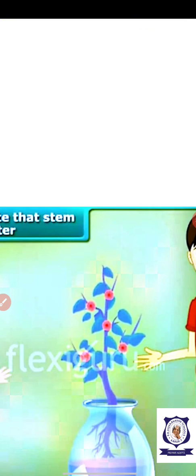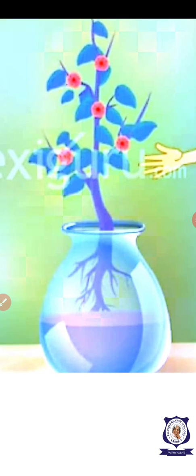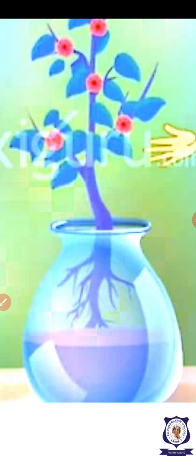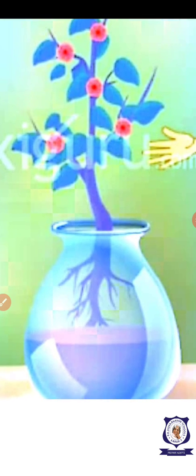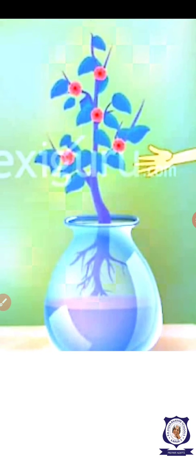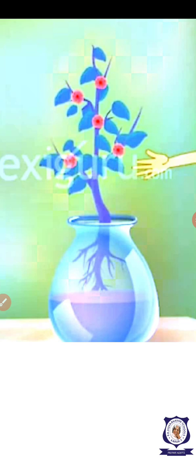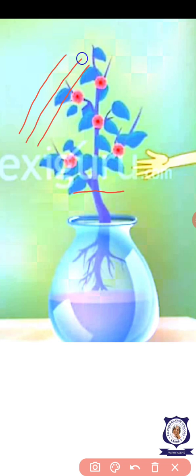After that, if you observe the plant, you can see the plant leaves and all colored. What color you put in the water, that was absorbed by the plant. Even if it is not visible, if you cut the stem part and see the stem portion, there will be colored stripes.